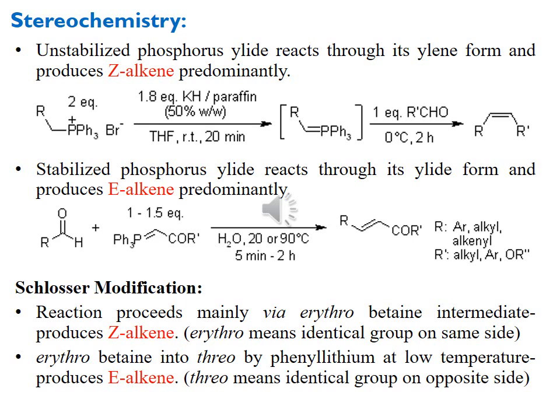Erythro means identical groups are on the same side. But Schlosser modification converted erythro betaine into threo by the use of phenyl lithium at low temperature, which in turn produced E alkene. Threo means identical groups are on opposite sides, so we will get the E alkene instead of Z alkene.